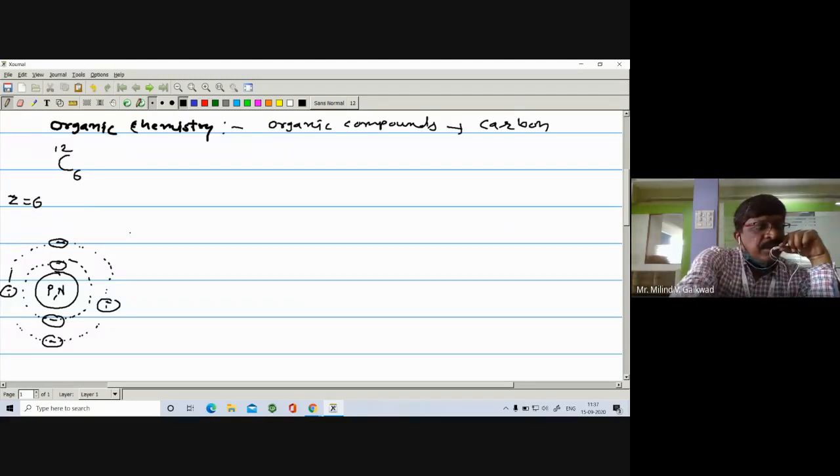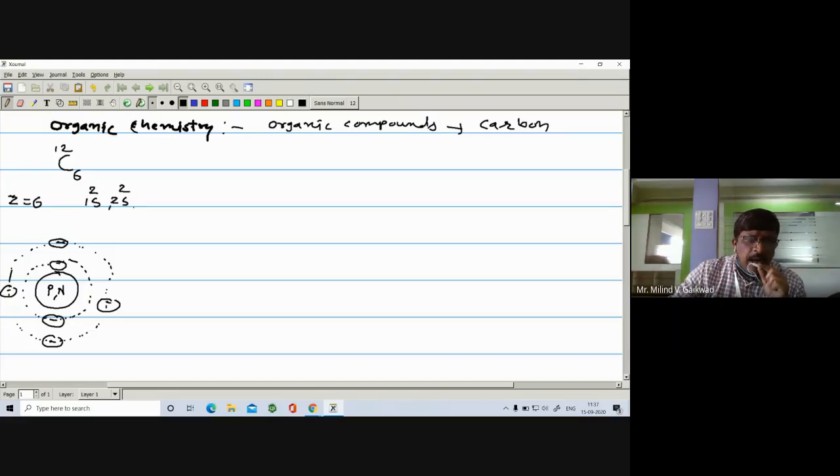Electronic configuration means the arrangement of electrons in an element. The electronic configuration of carbon is 1s2, 2s2, 2p2.